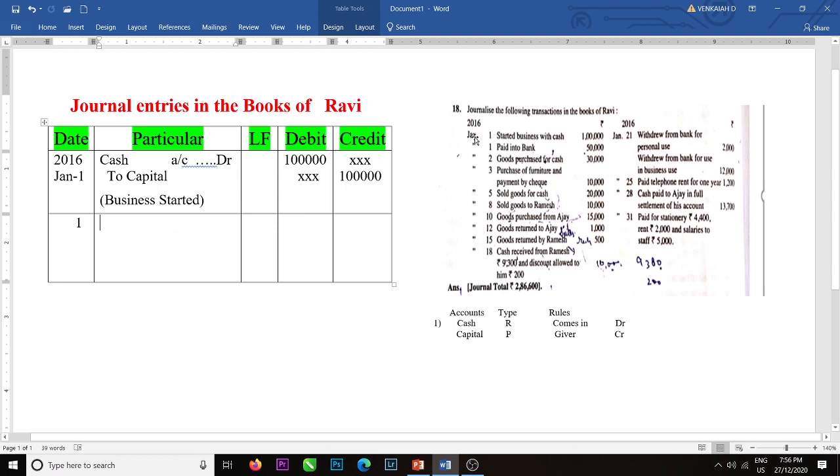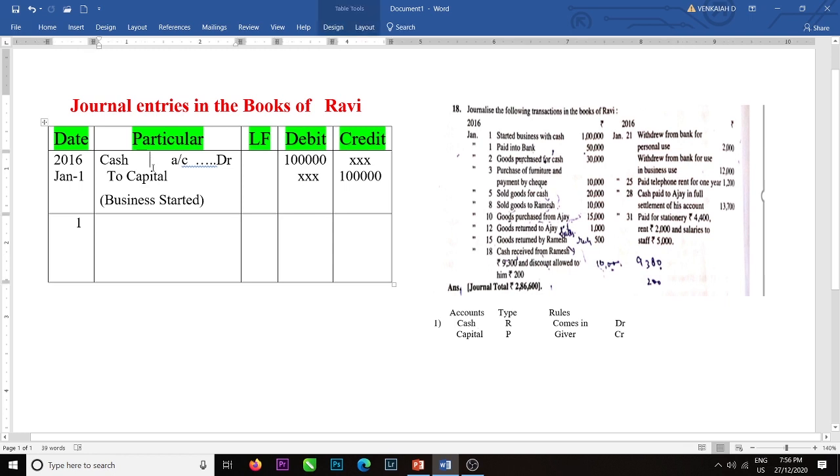Look at 2016 January 1st, started business with cash. One is cash account, its type is real. And another one is Ravi capital. That's why it is a personal account. And Ravi is a giver, he is giving amount to the business. He is a giver, credit. So which account to be debited? Cash account to be debited.